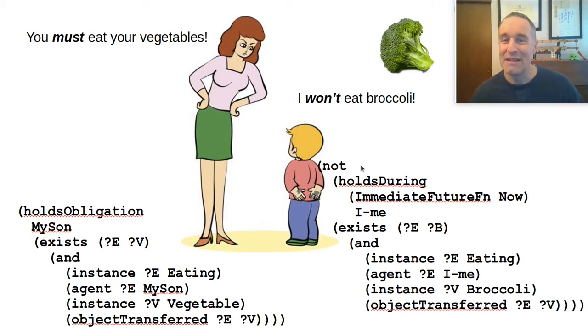And the little boy is essentially saying, no, in the future, so a temporal qualification, I am not going to eat broccoli, and broccoli is a vegetable. So there's no inherent contradiction, it just needs a more refined, more expressive encoding of what the actual situation in the real world is. So there's no contradiction here necessarily.